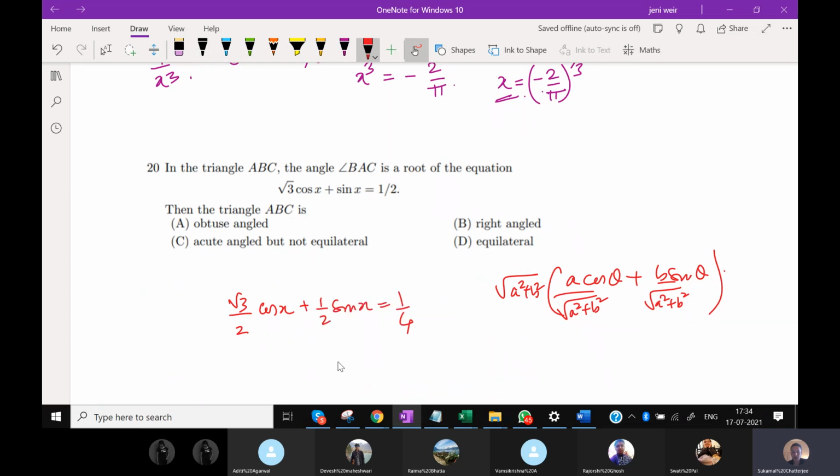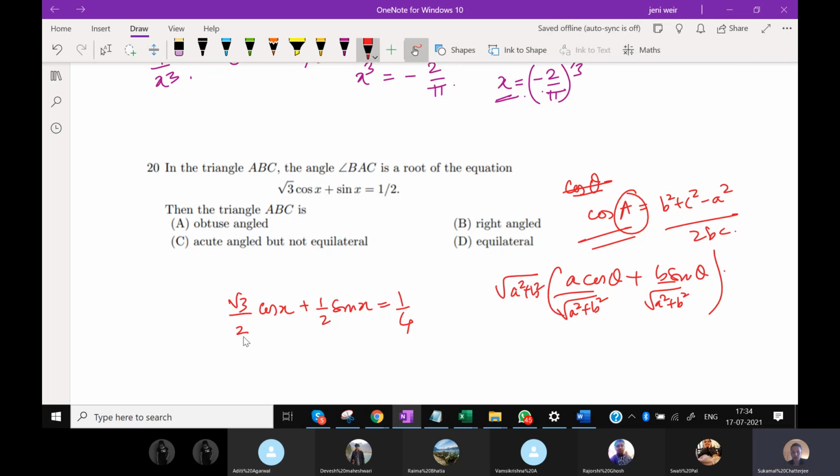So that means this will become root 3 by 2 cos x plus 1 by 2 sin x equals 1 by 4. So whenever you're asked to define the angle of a triangle, always keep in mind that you are playing with the cos rule, because the cos rule defines the angle. Your cos theta, or let's say cos A, will be b square plus c square minus a square by 2bc. So any angle is defined by the cosine rule. So you have to convert this into cosine, right?